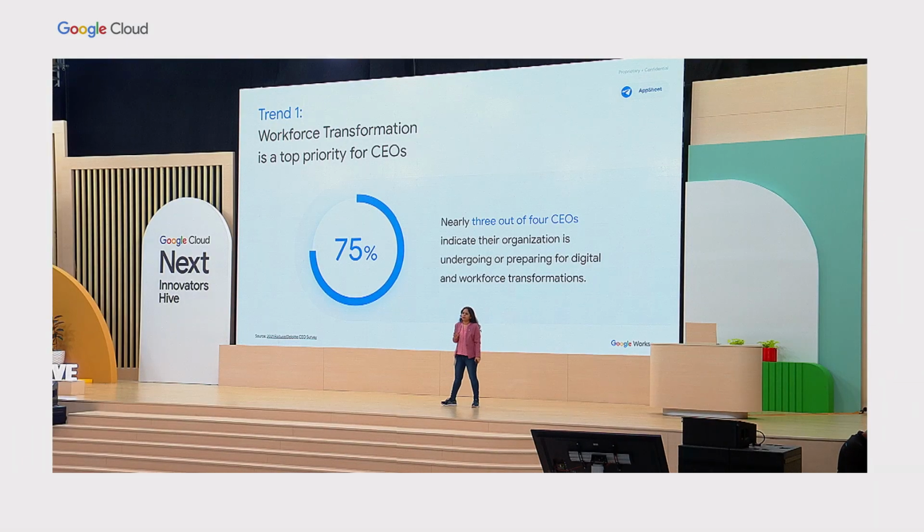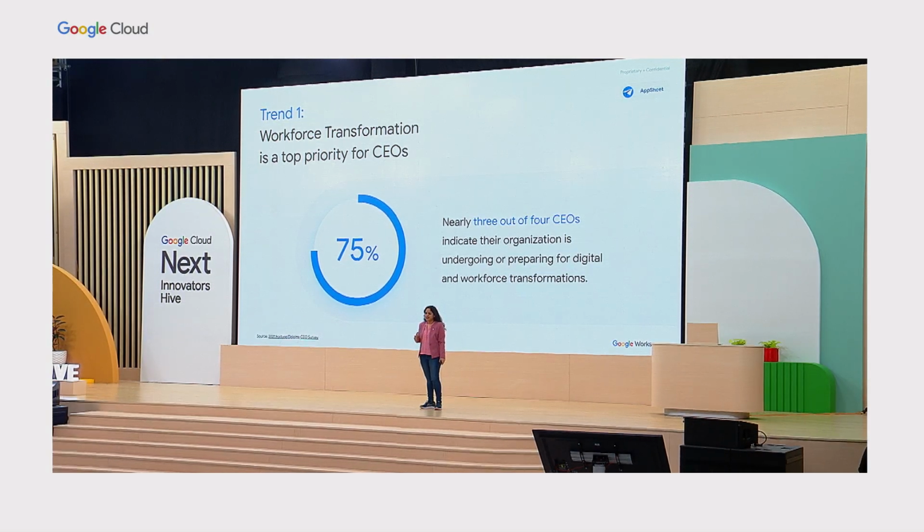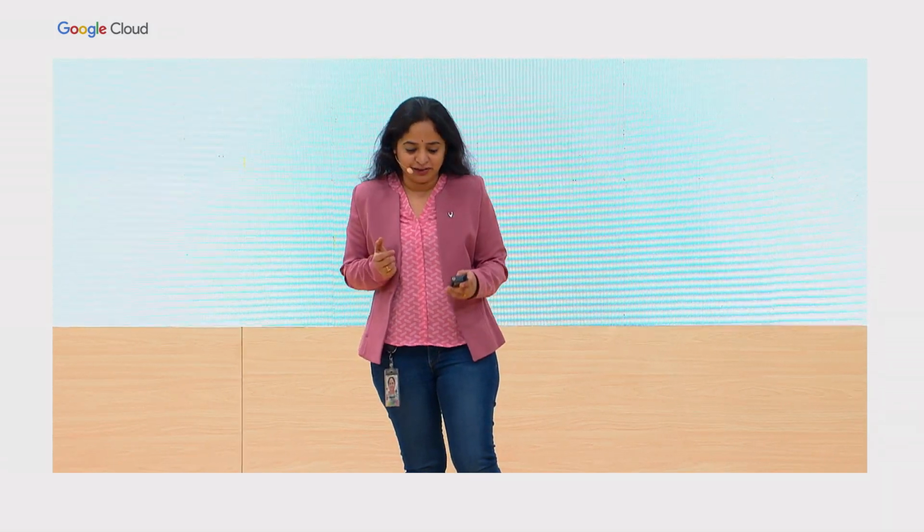Now, the first trend that we look at is we have done several analyses and surveys with CEOs and CXOs of organizations, and what we have seen is 75% of organizations are looking at prioritizing their transformation journey. So that's the key here. So whether it is for their employees, their knowledge workers, or for their frontline workers, they are looking at that digital transformation in their environments.